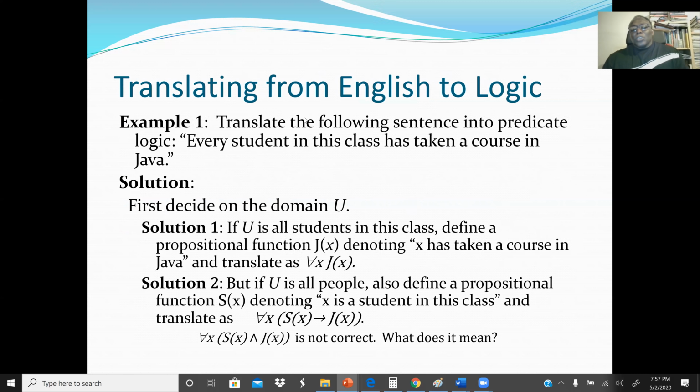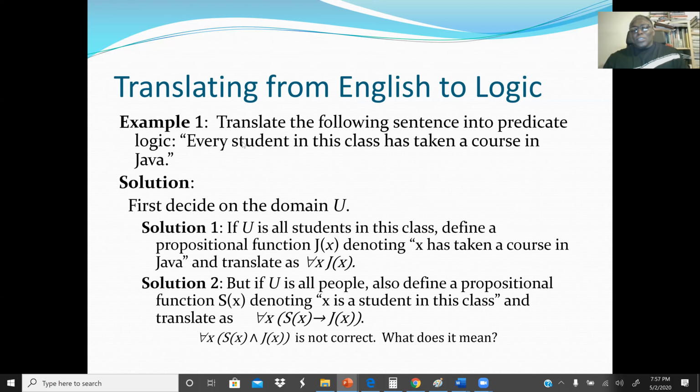Now, next example, translating from English to logic. Every student in this class has taken a course in Java. How can I translate this to, again, the logical expression? Now, remember, we talk about propositional function. We should have a variable and we should have a predicate. Predicate is more or less like a function, P(x).